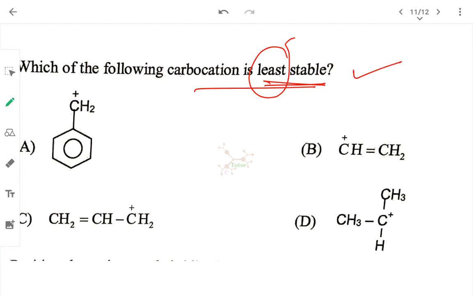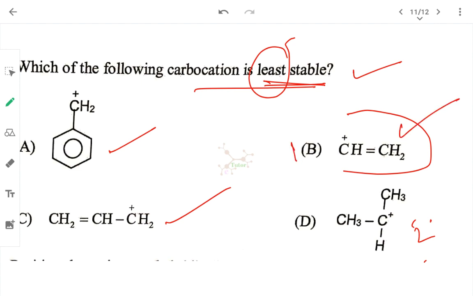This is a benzylic carbocation, this is allylic, both are stabilized via resonance, and this is 2 degree, and this carbocation is stabilized via inductive effect. And in this carbocation, the positive charge is on an sp hybridized carbon. So this is less stable according to hybridization. This carbocation is least stable. So it is the answer.